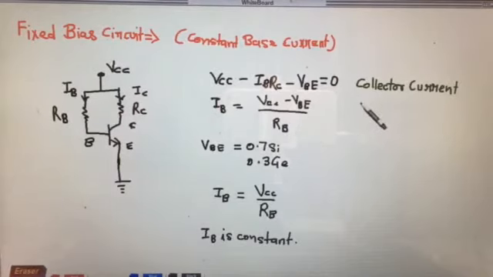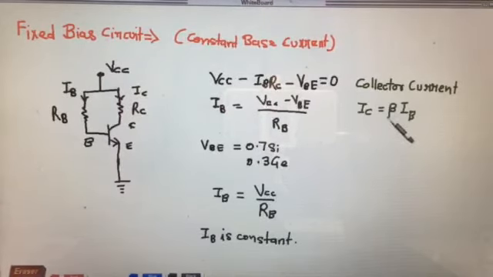Collector current IC is equal to beta times IB, where beta is the current gain. In this relation, we have neglected the reverse leakage current, because the value of reverse leakage current, that means the current due to the minority charge carrier, is too small.